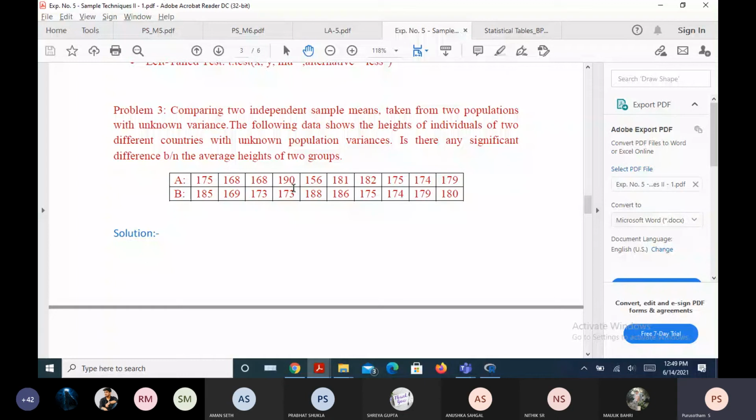Say India is one country and USA is another. In India, you have chosen 10 people at random and noted down their heights. Similarly, in USA you have taken 10 people and noted their heights. So their distributions of heights are under the A and B categories.